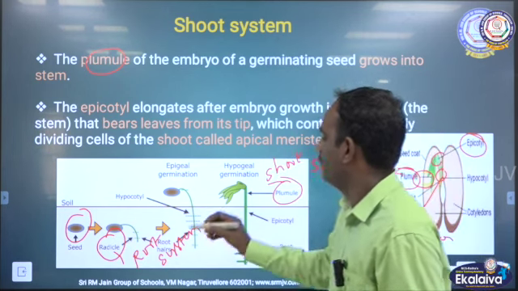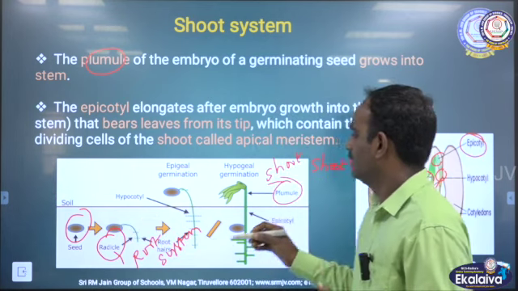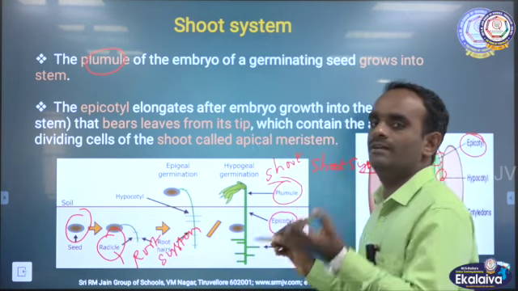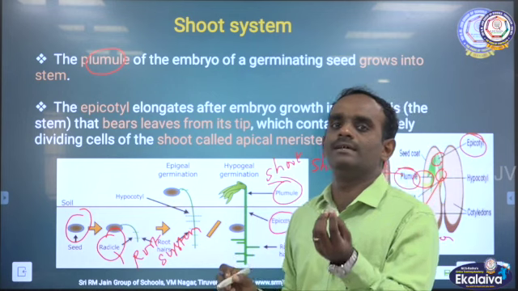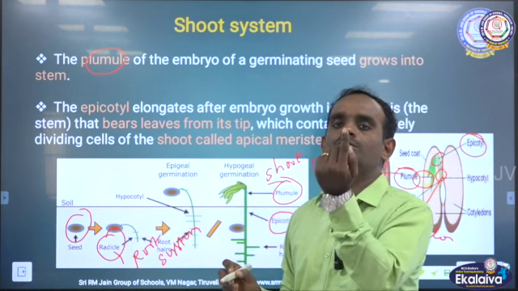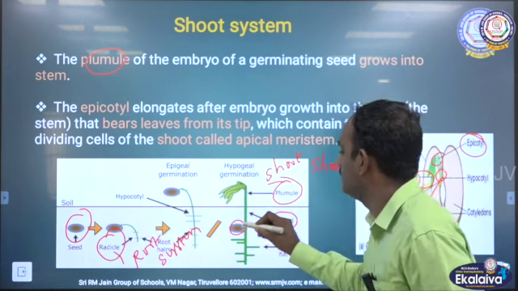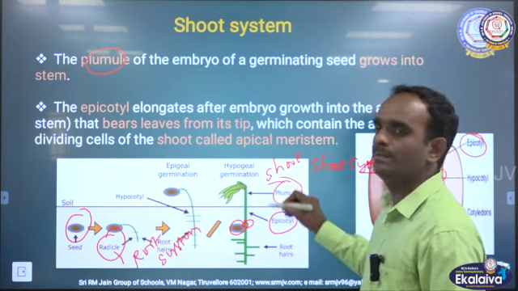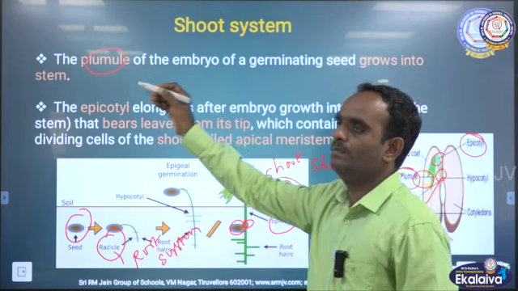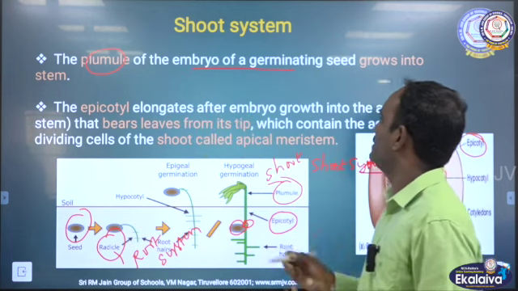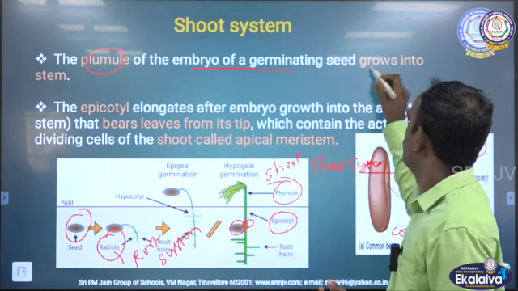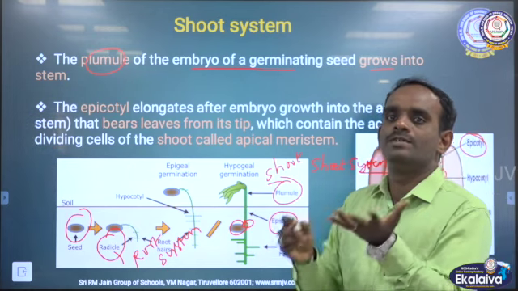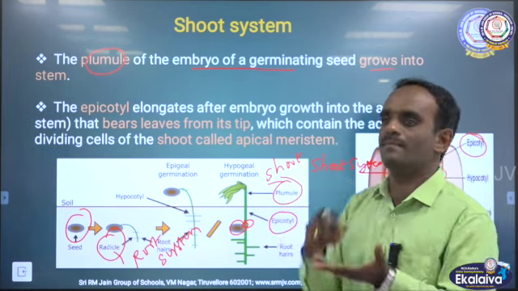So, from the seed, the epicotyl will arise. Epicotyl is nothing but a small outgrowth from the cotyledon. This is the cotyledon. So, from the epicotyl, the plumule will arise. The plumule of the embryo of a germinating seed grows into a stem. So, plumule gives rise to the stem.